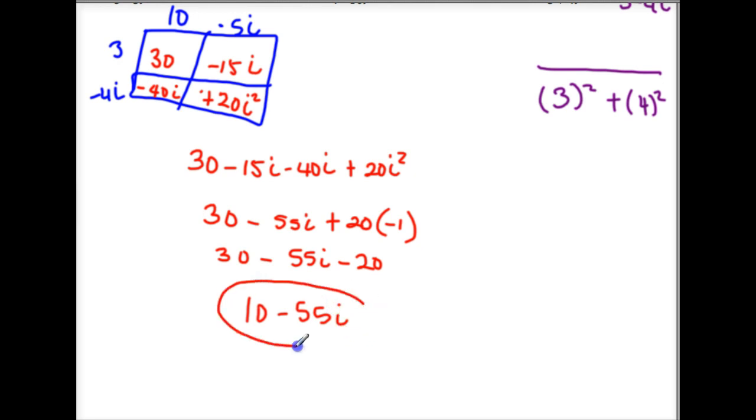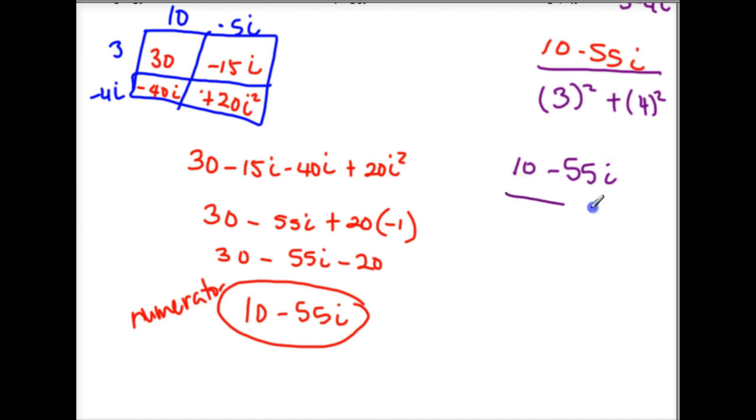So this is my numerator, which we're going to put here. 10 minus 55i. Now I want to go ahead and simplify this. 3 squared is 9 plus 16. This becomes 10 minus 55i over 25.